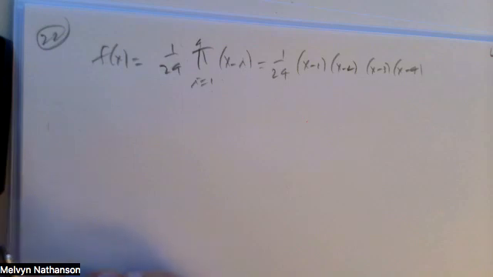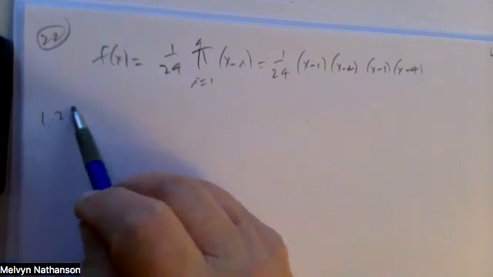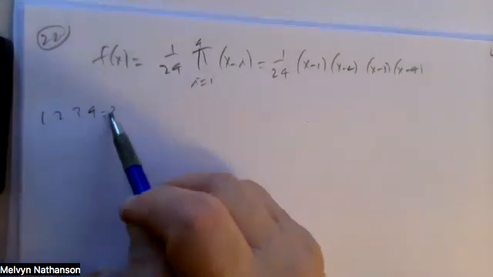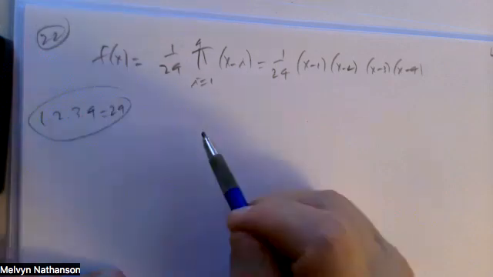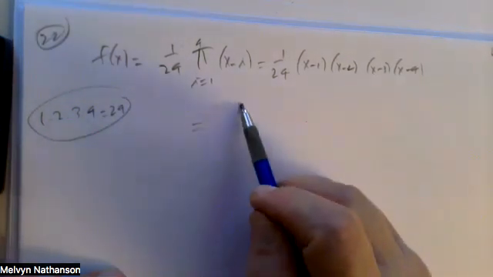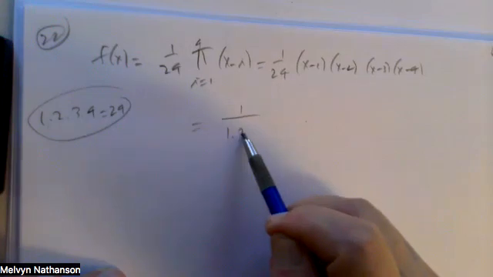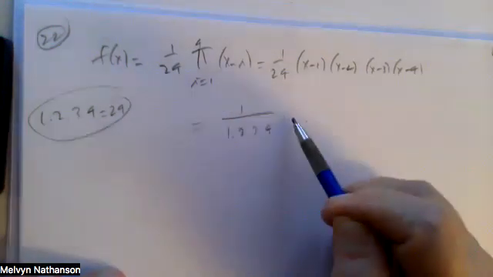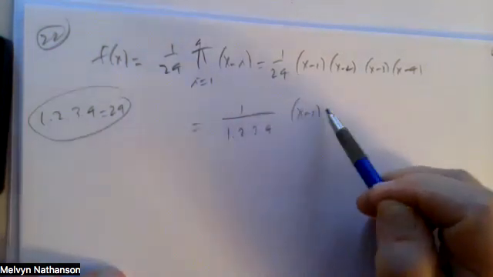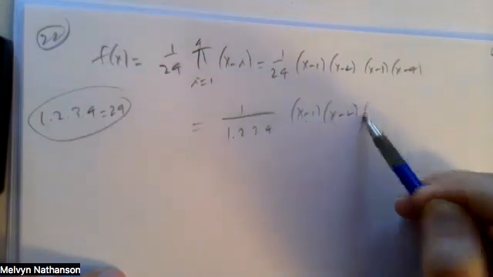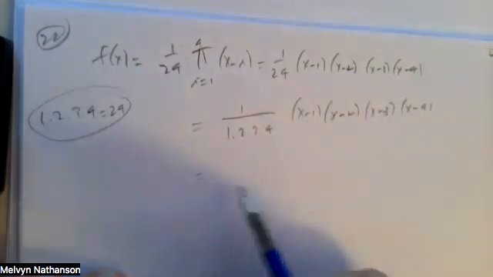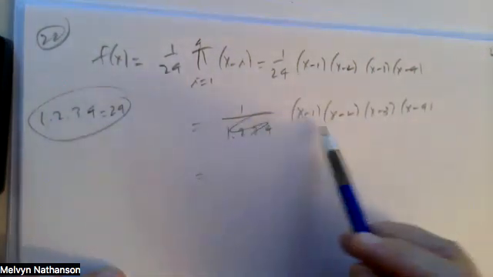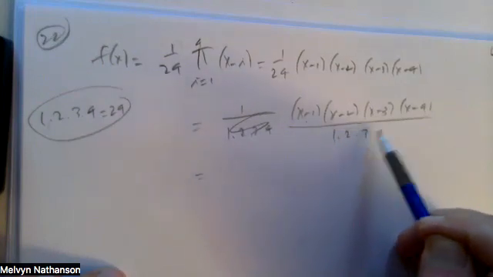So you can notice that 1 times 2 times 3 times 4 is 24. So this is 1 over 1 times 2 times 3 times 4 times x minus 1, x minus 2, x minus 3, x minus 4. Or I could put this over 1 times 2 times 3 times 4.